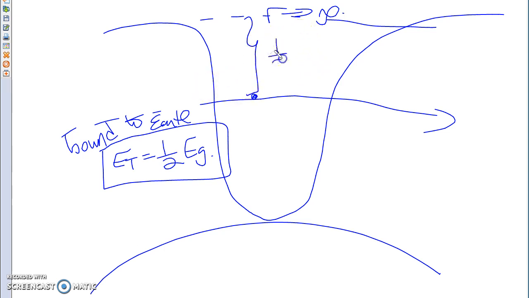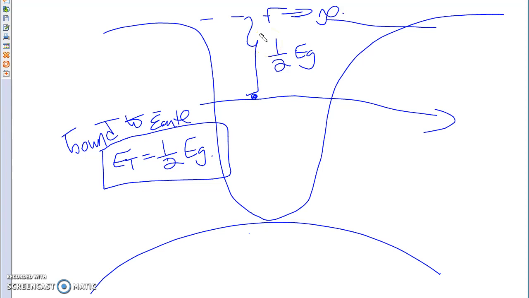Well, half EG again. Half plus half gives you E total at the bottom. So half EG when you are in orbit, another half EG to escape the potential well. Are we good with this so far?